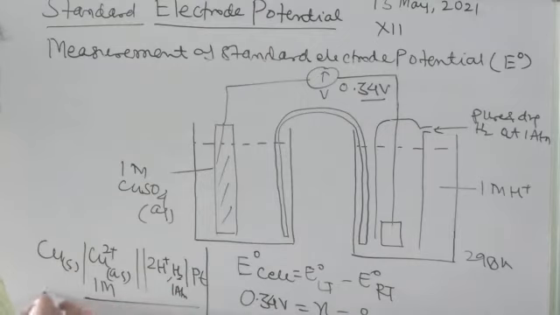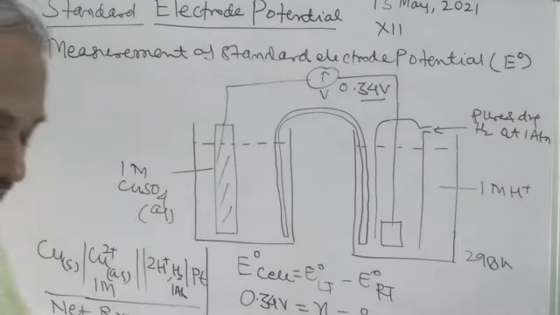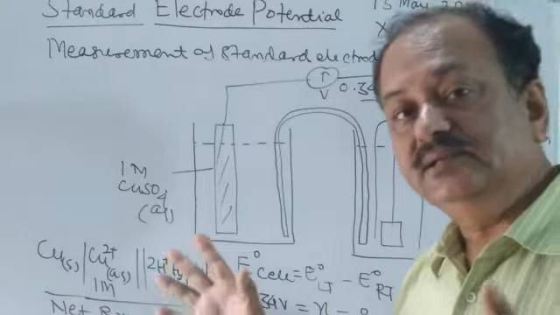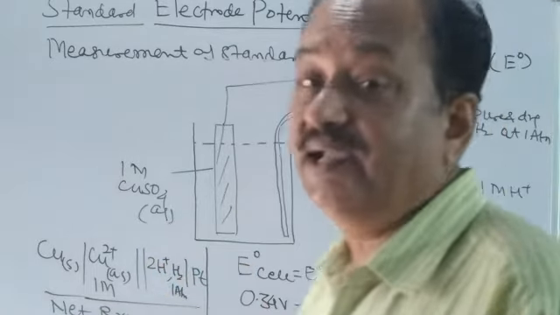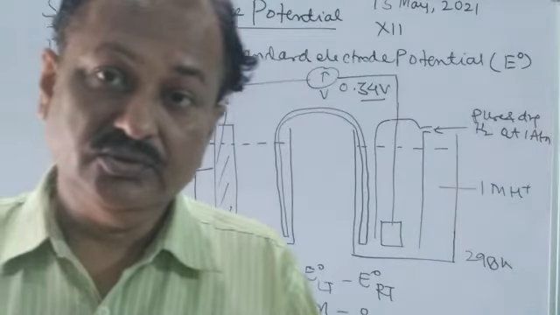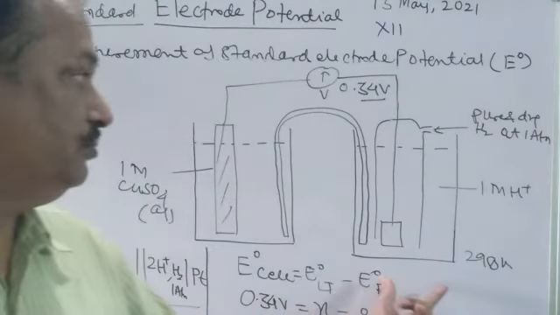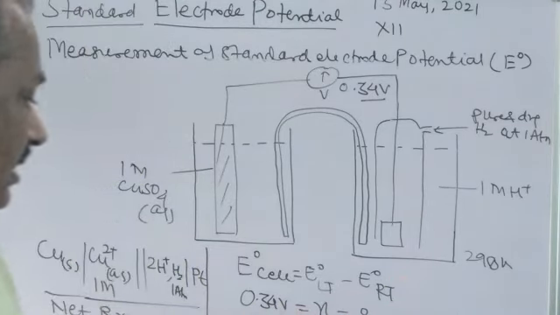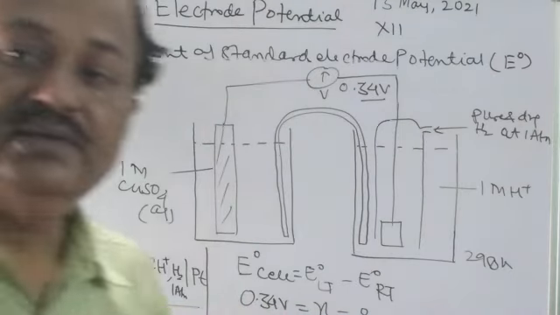So this is the net reaction. So children, in this manner we determine the electrode potential of any unknown electrode, but the position of SHE will remain the same, as it is. So this is the way we find it out.